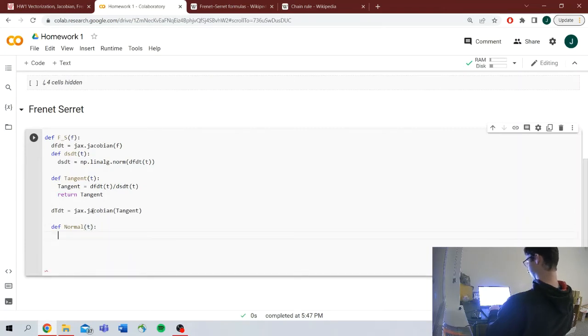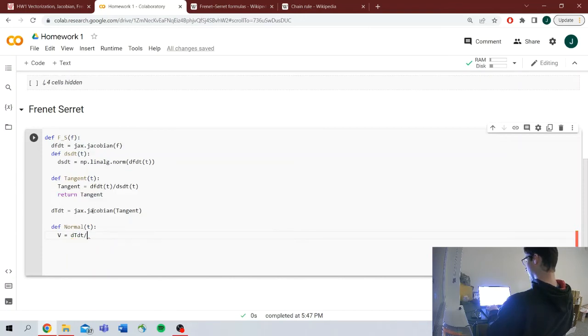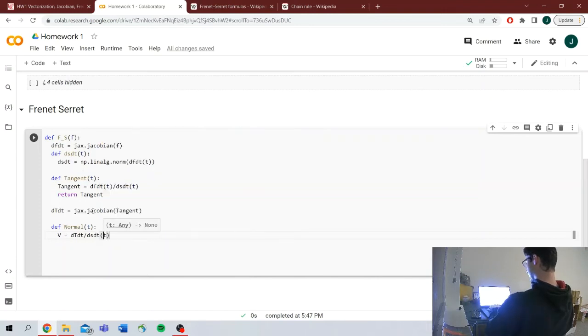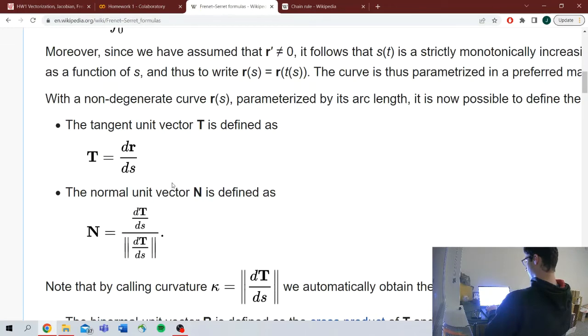Then we're going to need, let's just make it variable v, and that's going to equal dT divided by our ds dt, both of those at t. Then our normal is equal to this divided by its norm.